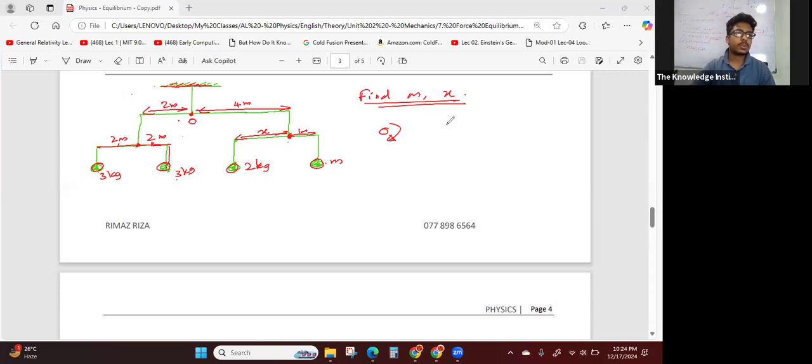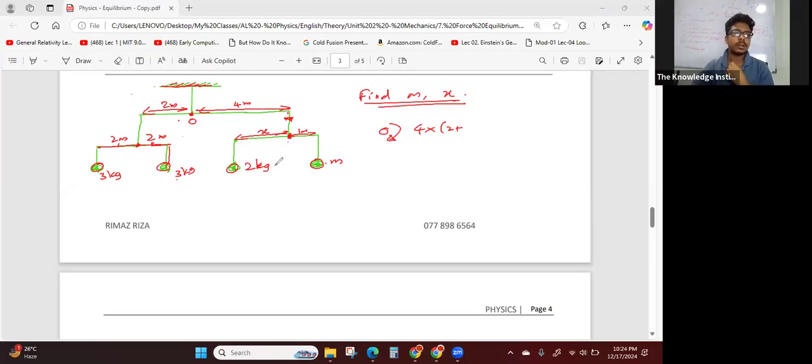So 4 into, so here the tension is acting downward. So that will actually carry this total mass 2 plus m. So 4 into 2 plus m, 2 plus m into g, because distance times the force.